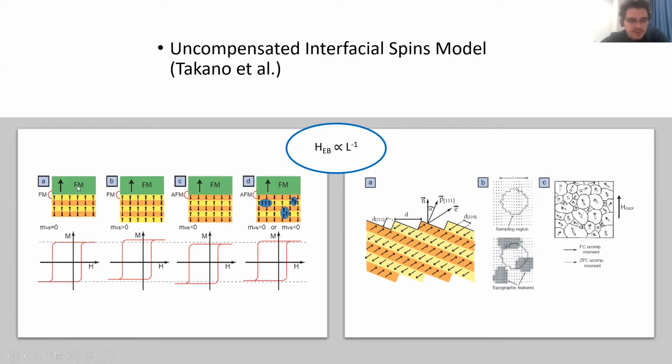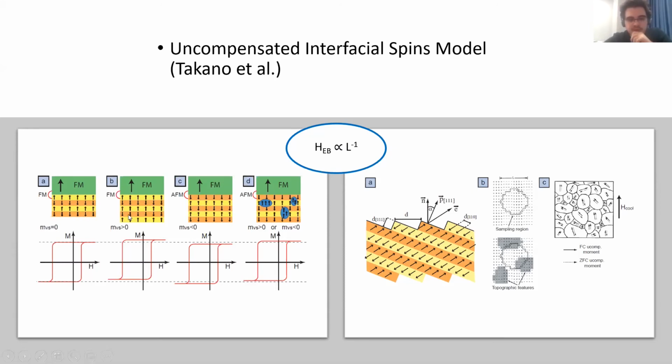As you see in the first photograph, the bottom part denotes the AFM interface, and the first part, A, has a fully compensated AFM surface. Because of this fully compensated AFM surface, we do not see any vertical shift in our hysteresis loop.